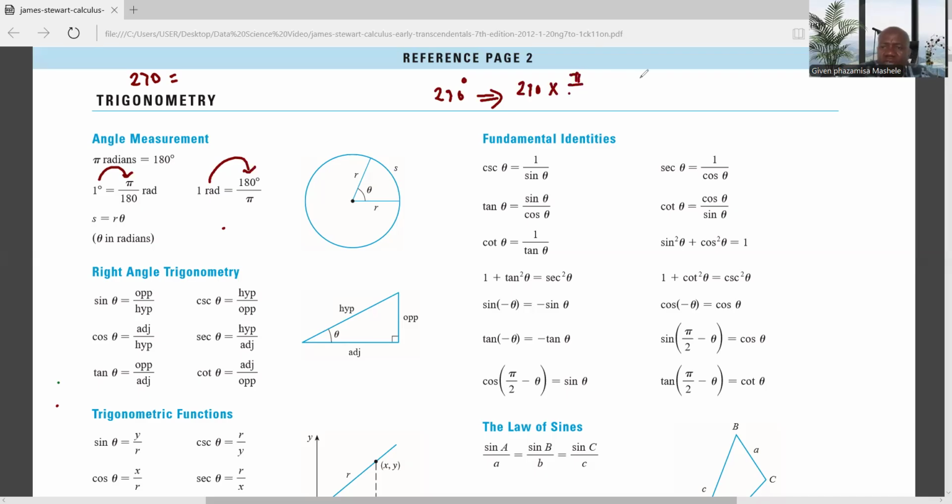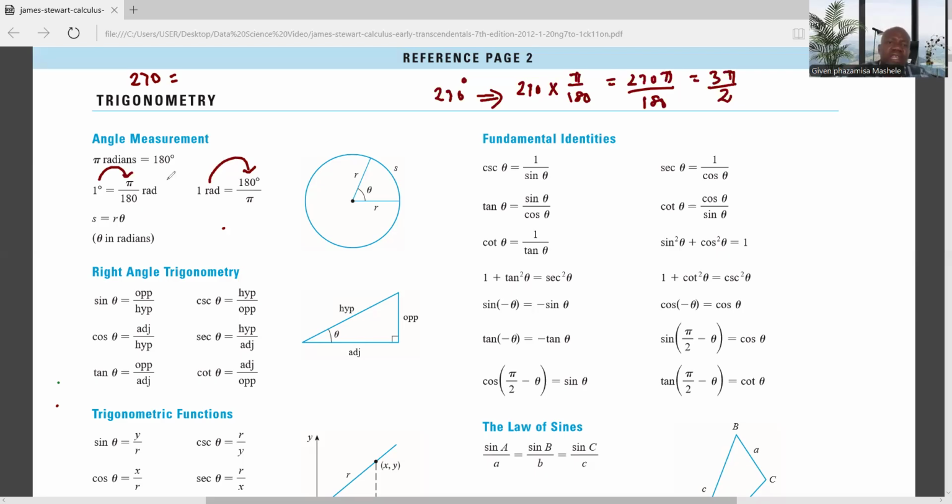This will be 270 pi over 180. And what is 270 over 180? 270 divided by 180 gives us 1.5, which is the same as 3 over 2. So it's giving us 3 pi over 2.